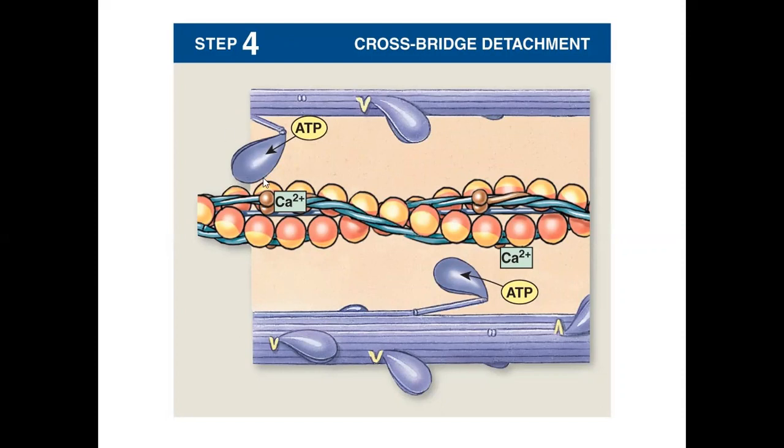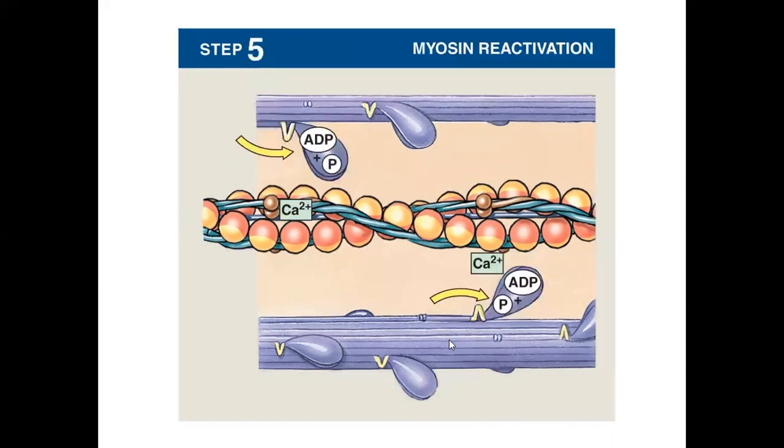The minute they separate, the ATPase activity on the myosin head kicks in, and ATPase will break ATP into ADP plus inorganic phosphate. That breaking will cause this myosin head, remember it was folded, to straighten itself out, and we say it goes into a cocked position.